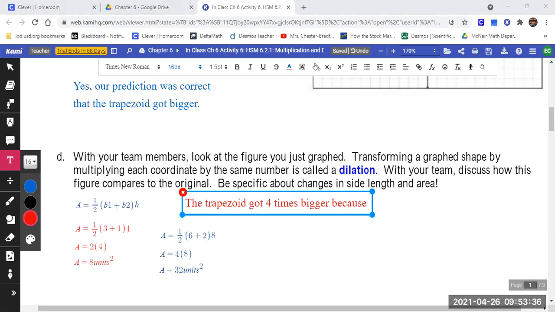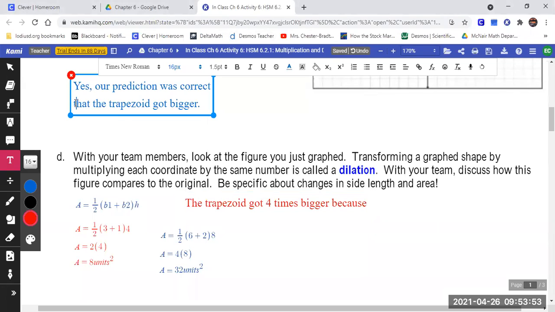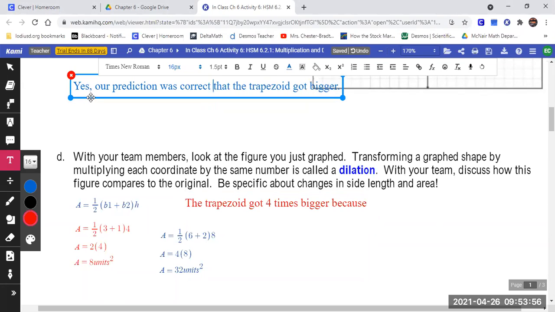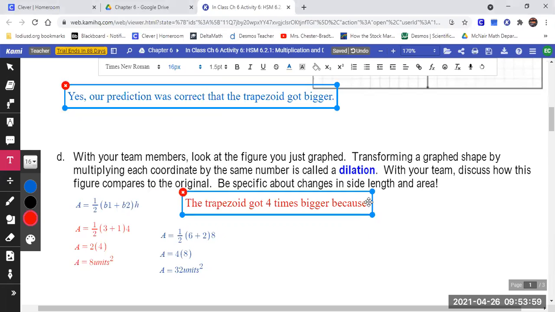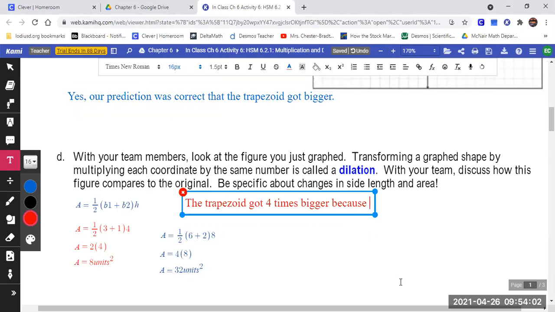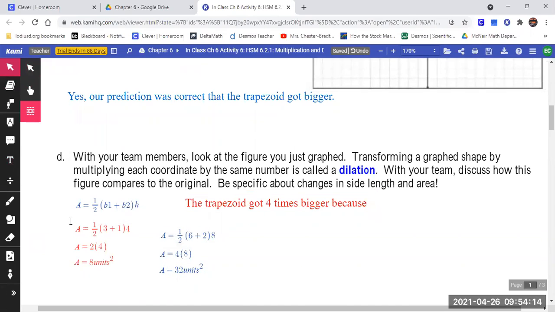Why wouldn't it be 2 times bigger if we multiplied everything times 2? Why do you suppose it got 4 times bigger, not 2 times bigger? Think about how we solve area to figure out why it got 4 times bigger, not 2 times bigger.